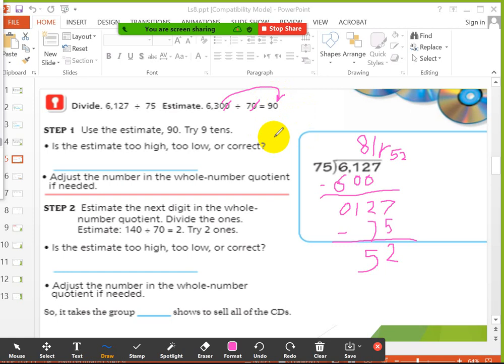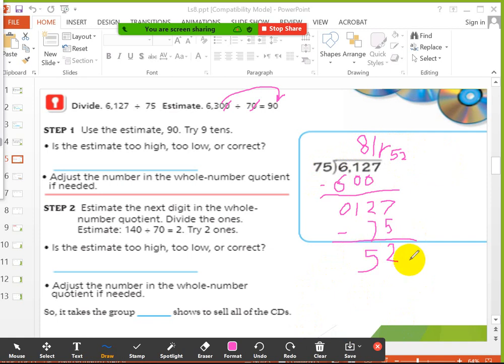This is an estimation or guessing. They guess that 90 shows is enough to sell all the CDs. But the exact number of shows is 81, and there is 55 remaining. What does that mean? That means I have 55 CDs remaining with me.